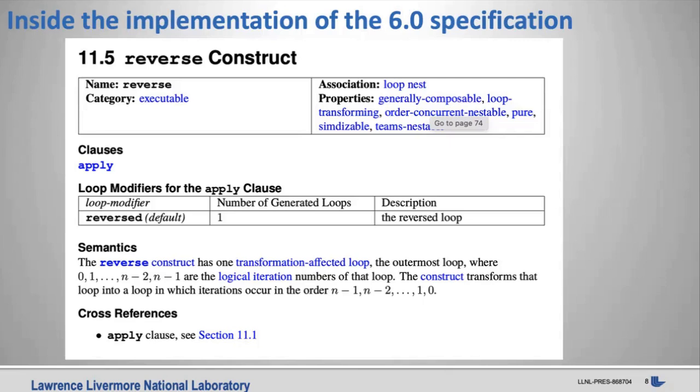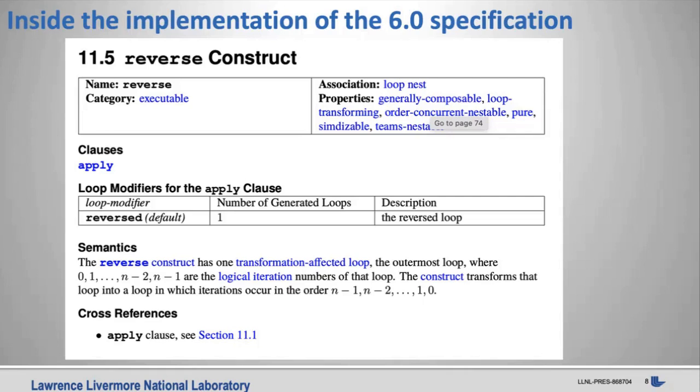Another big benefit is that when you encounter it in the text, such as the encountering of the reverse construct here, it actually links back to the section that details that feature. So here it's a kind of trivial link from the use of the reverse construct in the semantics of the reverse construct section back to its own section.